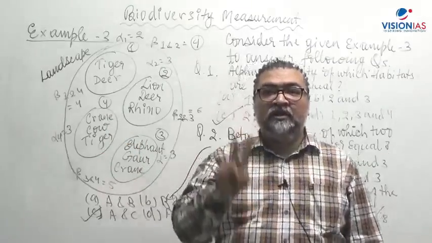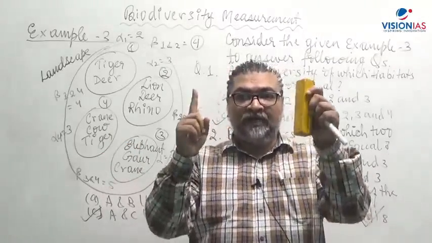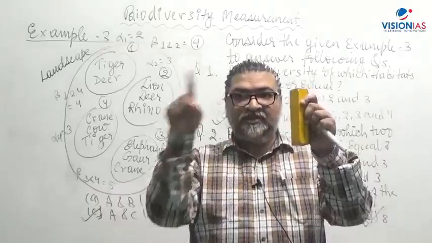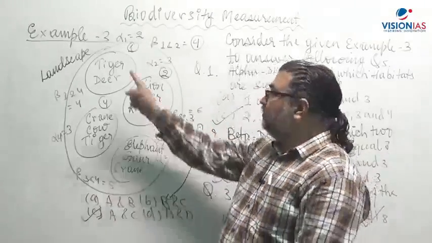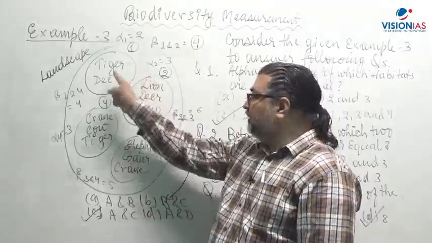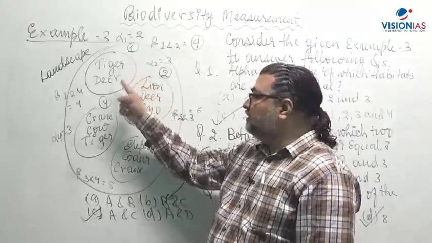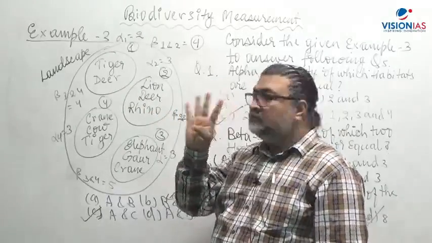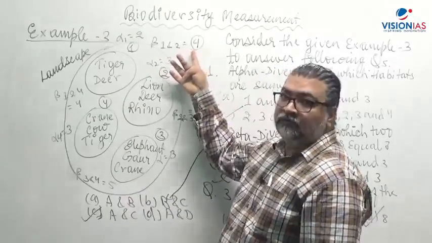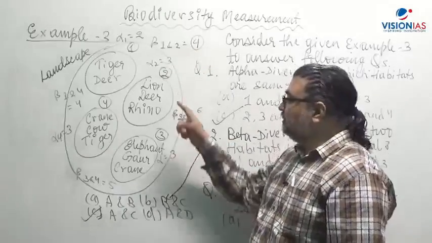What is beta? If you take two habitats, the species of two habitats, that is called beta. So if we take 1 and 2, tiger, deer, lion, rhino, 4 types. So beta of 1 and 2 is equal to 4. Now see there, 2 and 3.